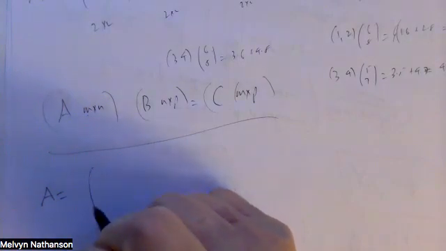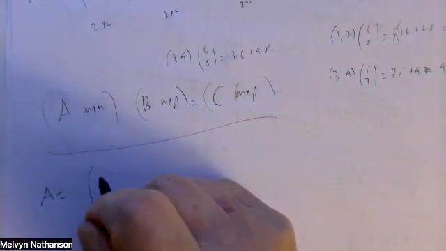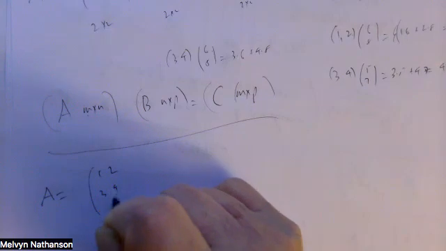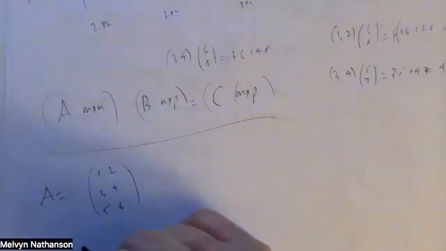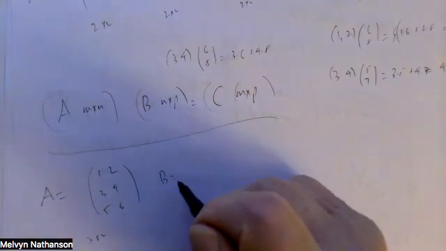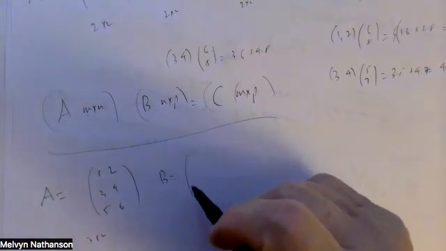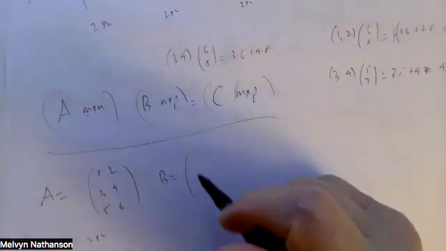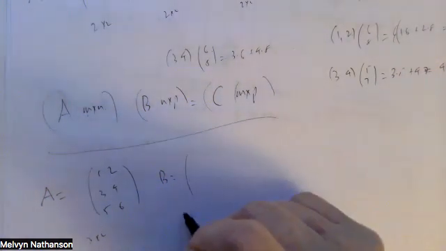Suppose A is the matrix 1, 2, 3, 4, 5, 6. So this is 3 by 2. And B, let's say, is a 2 by 3 matrix.